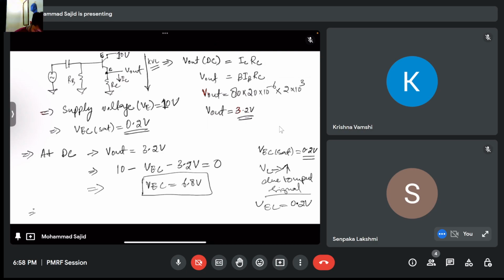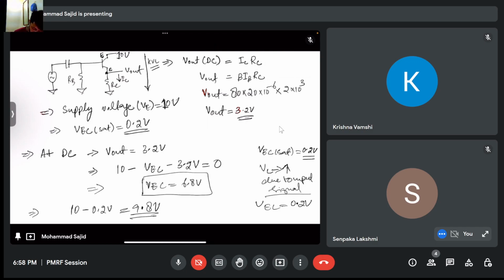So we can treat it as if our applied voltage is at a reference of 10 minus 0.2 volt, which is equal to 9.8 volt, right? So we cannot go above this voltage such that my VEC goes below 0.2 volt, right?